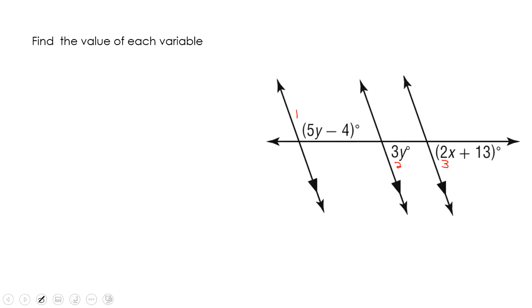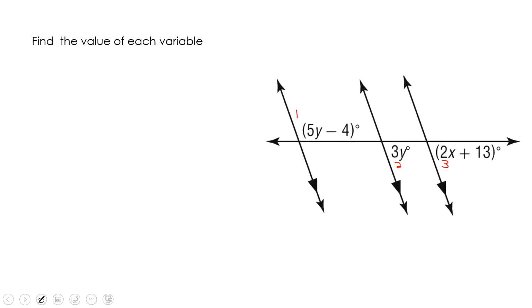If we look, we have corresponding angles between angles 2 and 3. They're corresponding angles. Angle 1 and angle 2 don't have a readily available relationship.